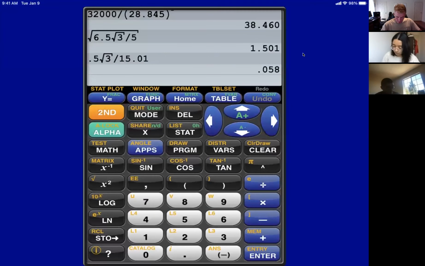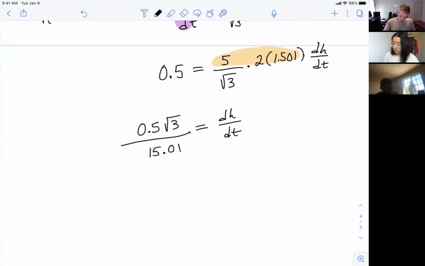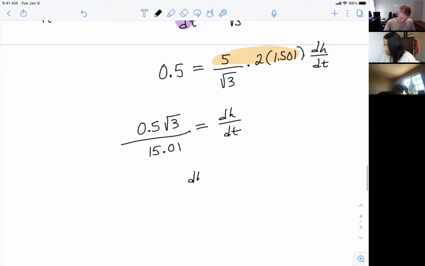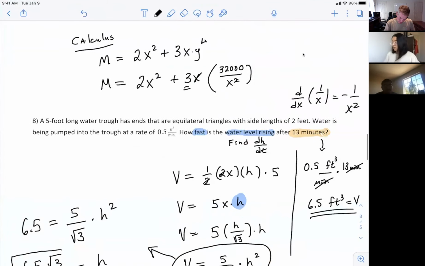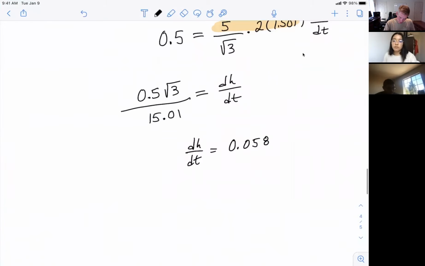And it's a very small number, 0.058. And the units would be, this is in feet and minutes, so feet per minute.